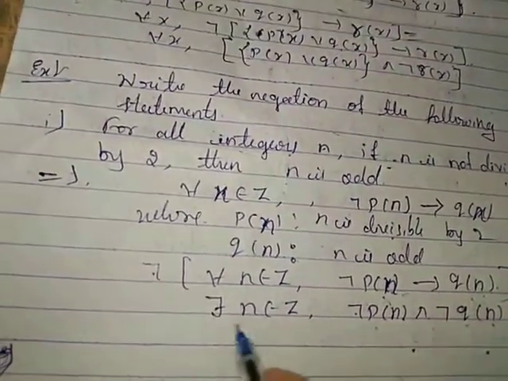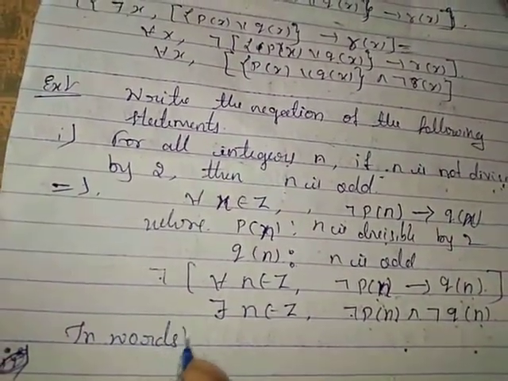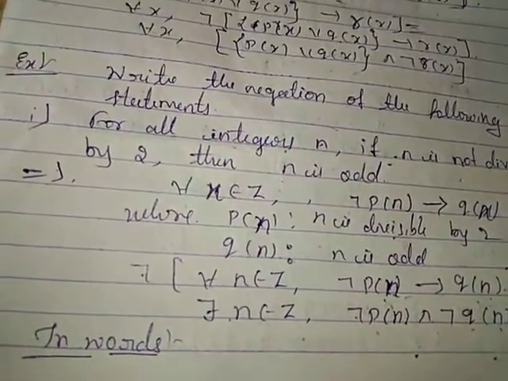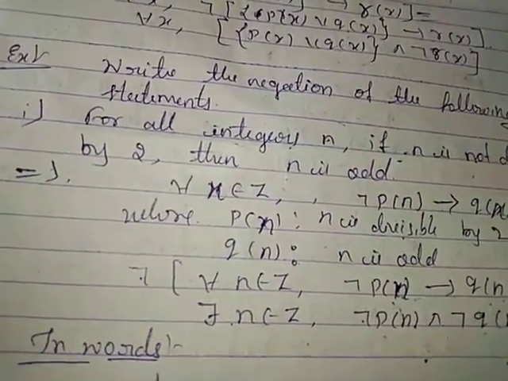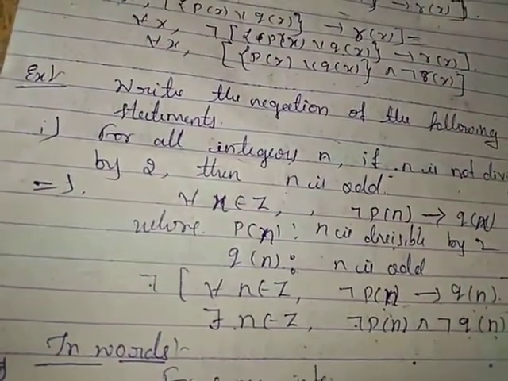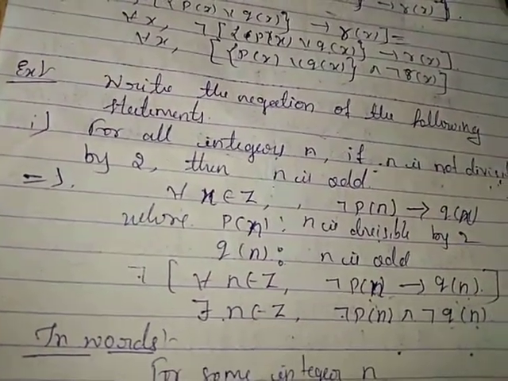Before that, first write down this in words. There exists an n belongs to Z means for some integer n.